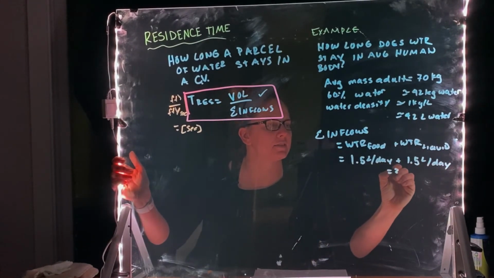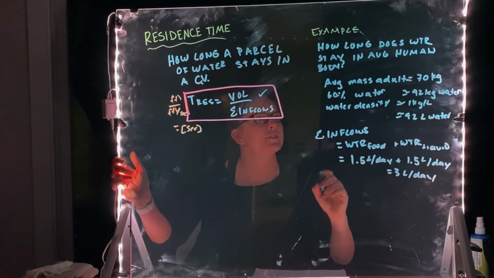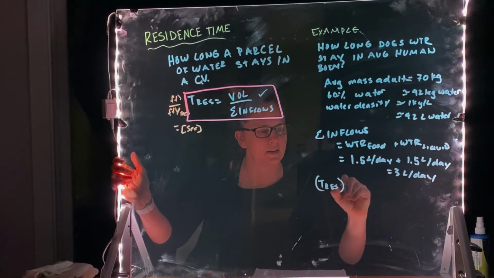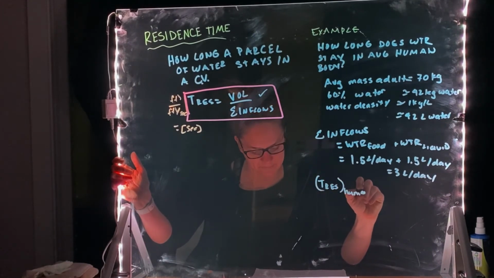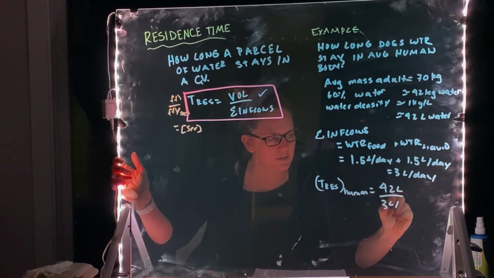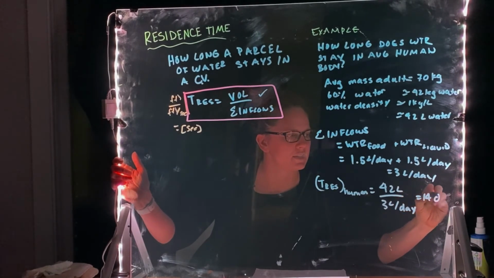This would give us 3 liters per day of inflow. And so this means that the residence time of an adult human is 42 liters divided by 3 liters per day, which is 14 days.